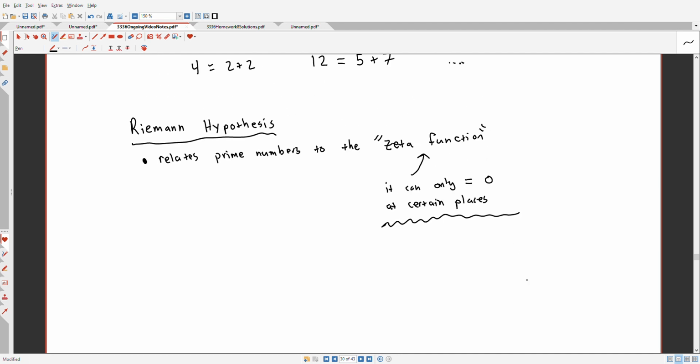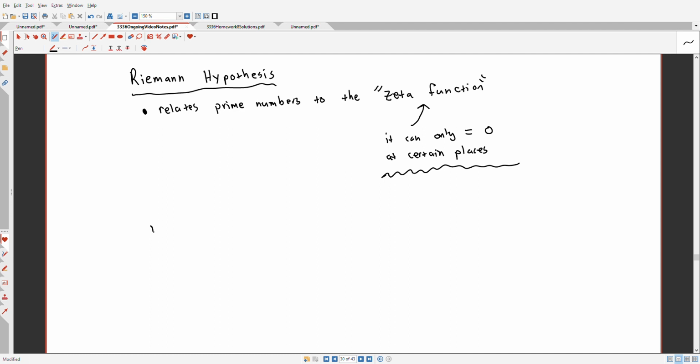Another sort of fun mystery about prime numbers is the twin prime conjecture. So I'll just say twin primes. So what is a twin prime? A twin prime is a pair of primes that are as close as they can be. So what do I mean by a pair of primes that are as close as they can be?